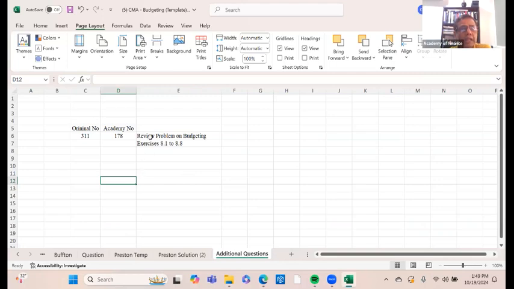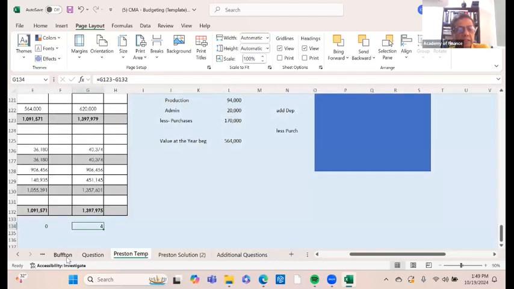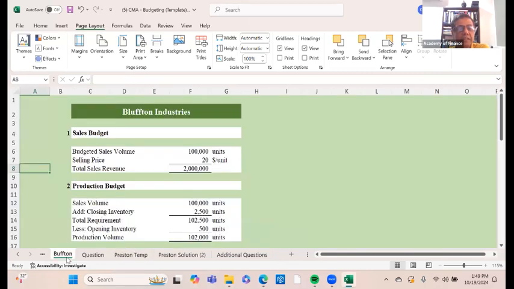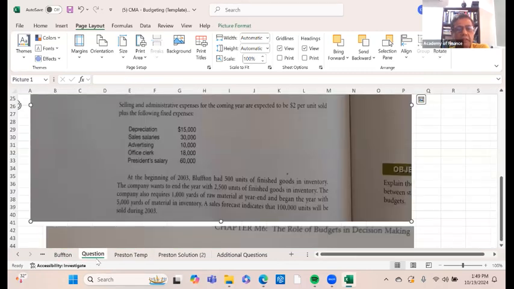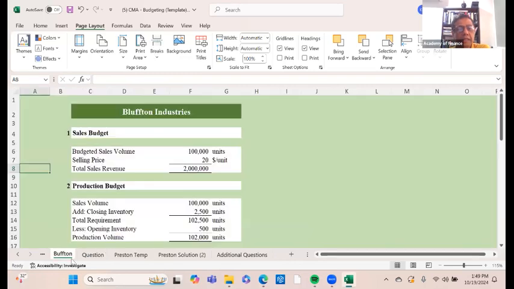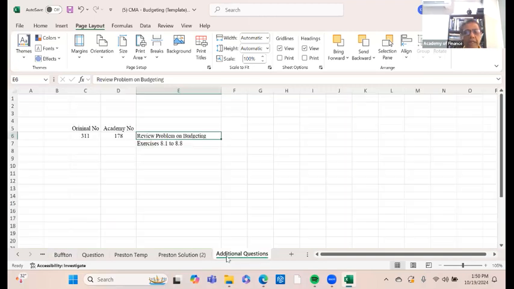And then also there is a review problem on budgeting exercise. Just note it down, practice questions, based on the question as given here. You can try that. Under the topic I indicated, there is an additional question, the review problem on budgeting.